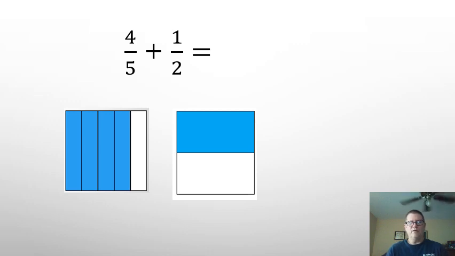Now, as you can see, the first model is our 4/5, and then we have our 1/2. We need to split this into fifths. There's 1, 2, 3, 4, and 5.